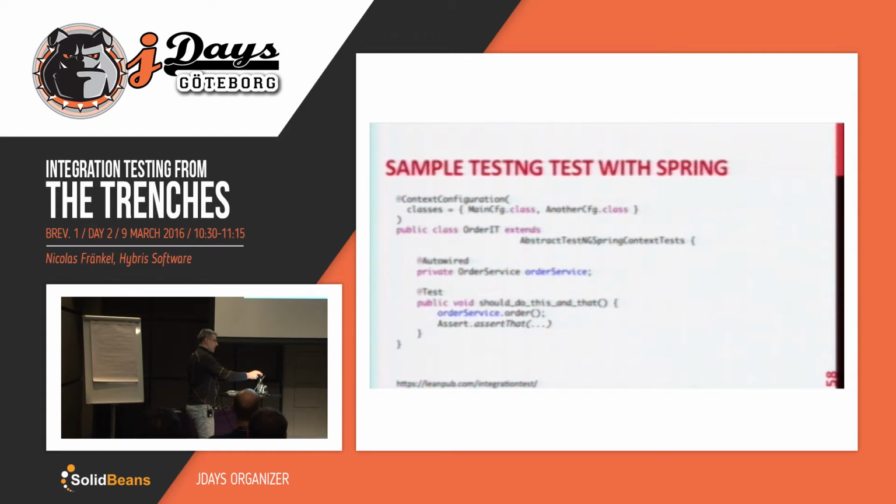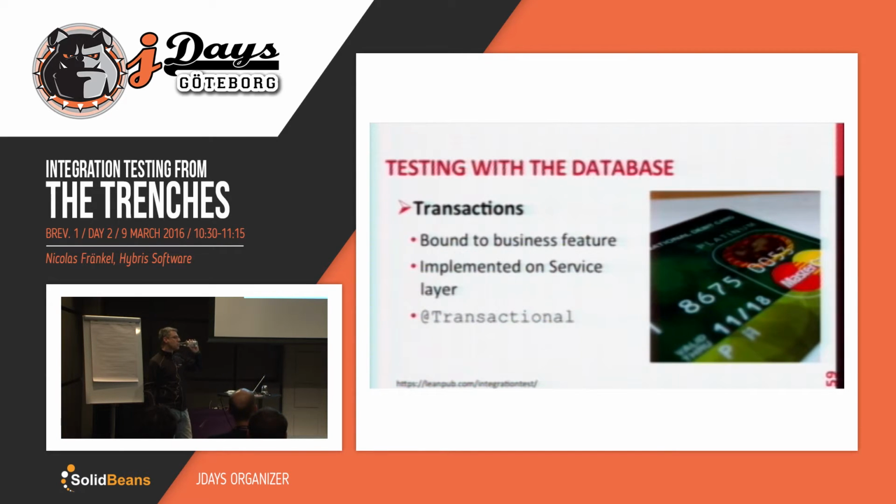Most of the problems we have are regarding the database. The first problem that you will have is, hey guys, we have transactions, so normally you implement them on the service layer through Transactional. That's very widespread.